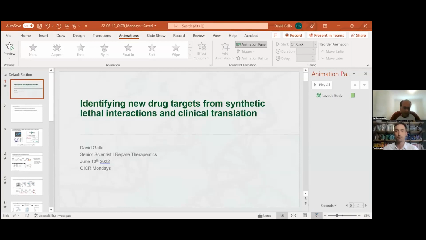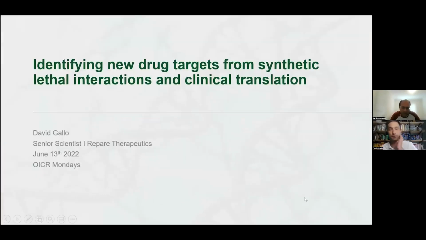From there, he moved to Dr. Dan Desrochers' lab to complete a postdoc where he uncovered the mechanism of how PKMYT1 loss is synthetic lethal with CCNE1 overexpression. Currently, he's a senior scientist at Repare Therapeutics, helping guide the PKMYT1 inhibitor RP6306 through clinical trials. Dave, thank you for joining us. And the floor is all yours.